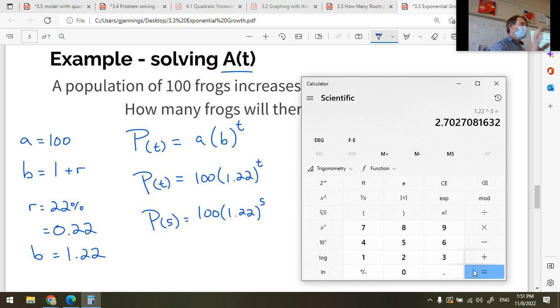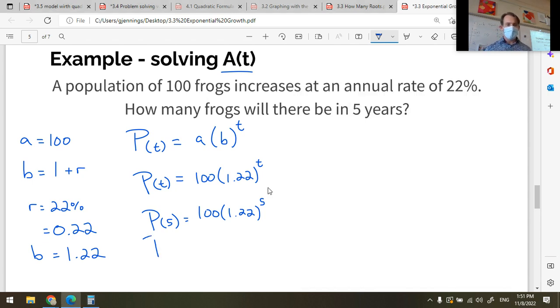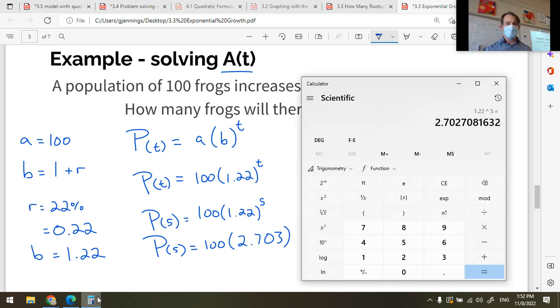It does not grow as a line, it grows as one of these exponential curves. And it will have grown by a factor 2.7 after 5 years. So we can put that into our equation. We could say P at 5 is equal to 100 multiplied by 2.703 or so with rounding.